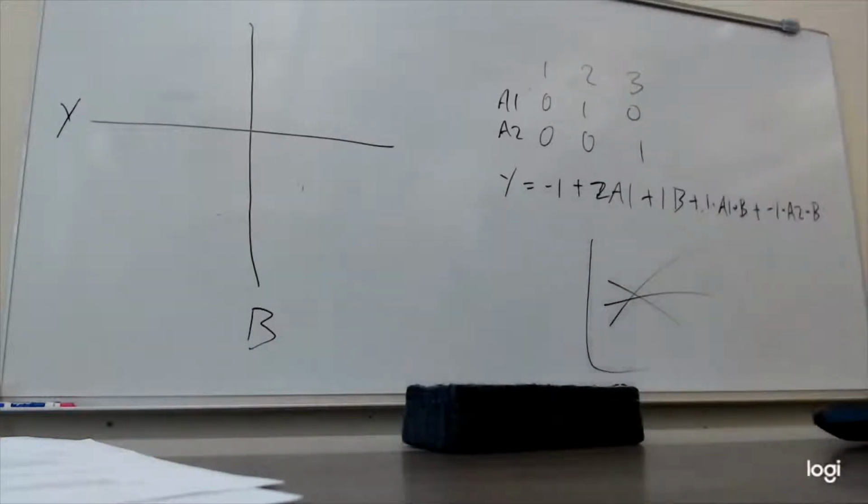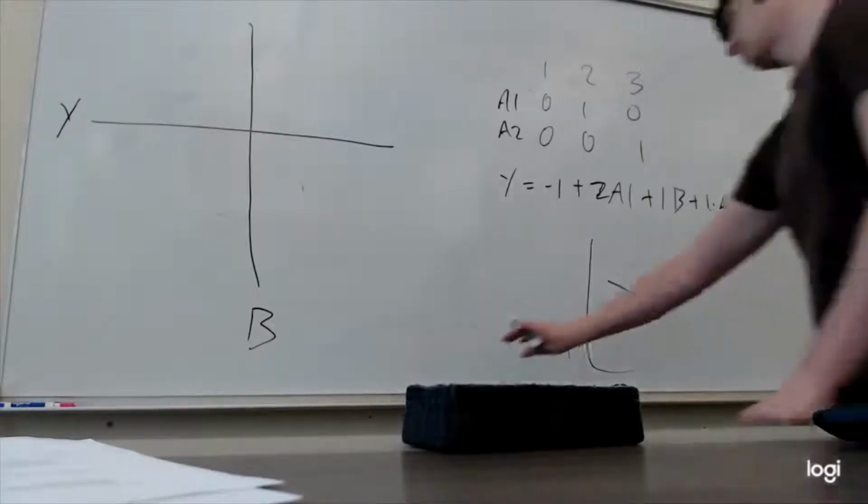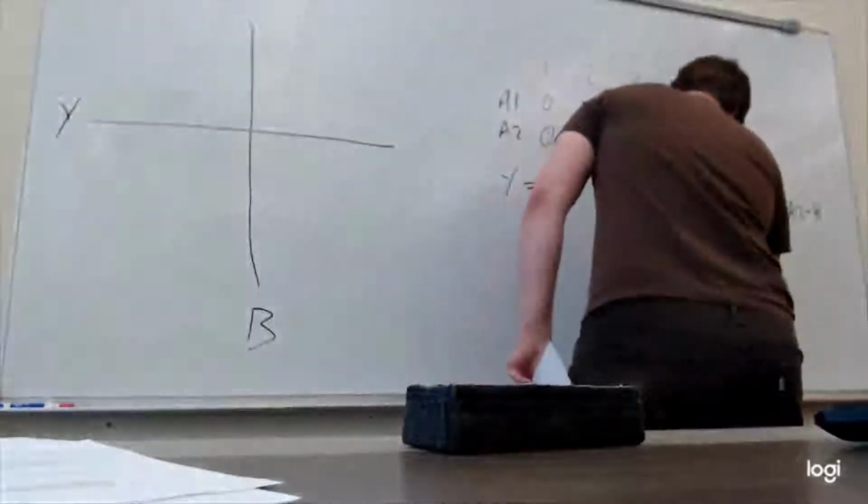So, okay, that's the general structure of the plot that we're going to be working with, right? We're going to have a plot with 3 lines. So our task is to figure out what those 3 lines are. So let's think about that first line.